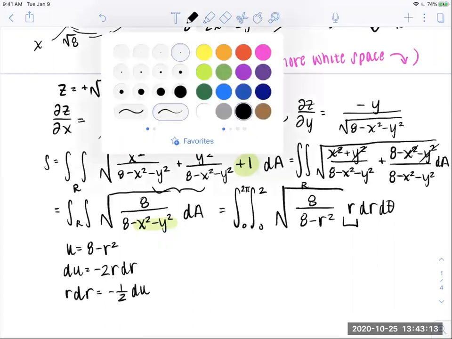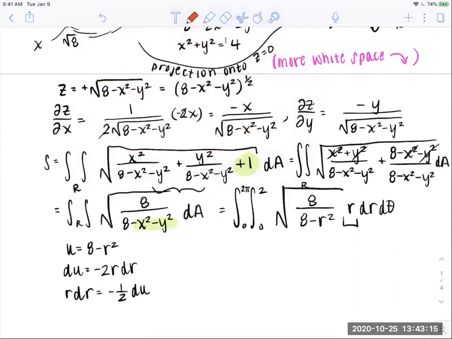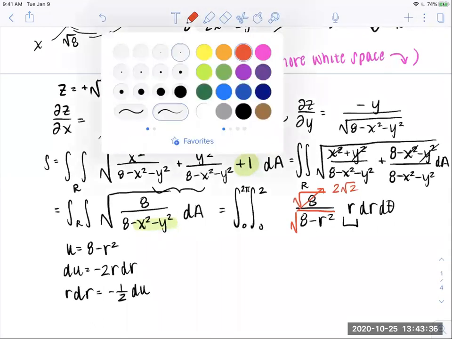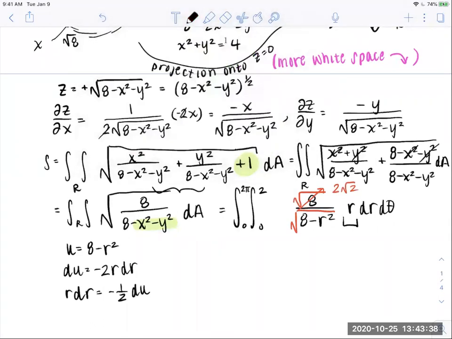And by the way, if you want, you can write this as a square root of 8 over a square root of 8 minus r squared, and then just delete this overarching square root. And that's going to simplify a few things here, because the square root of 8 is just 2 square root of 2. So I'm going to note that here in my next step.